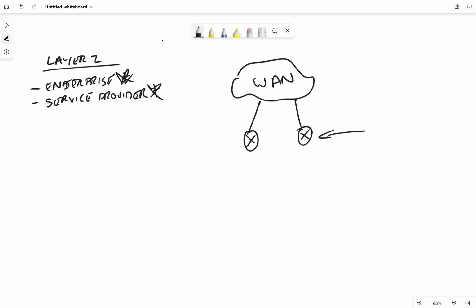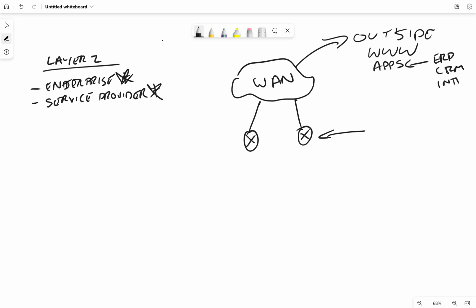These routers are effectively the gateway to the outside world, i.e. the internet and different websites and also applications that might be hosted in data centers. So what we mean by applications is ERP, CRM, intranet, and so on.